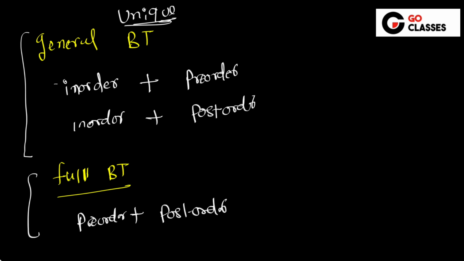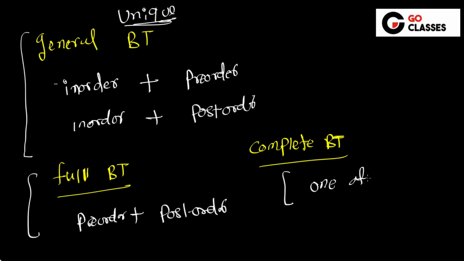And if it is a complete binary tree, then you just need one thing, which is one of the orders, any order, right? So this is for uniqueness. For uniqueness, some students just remember that, okay, from in order, from pre-order and post-order, it is not possible like that.